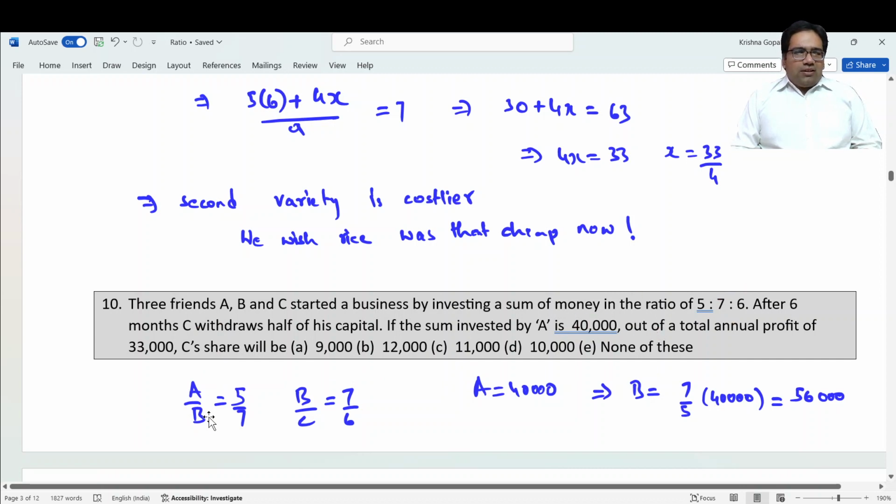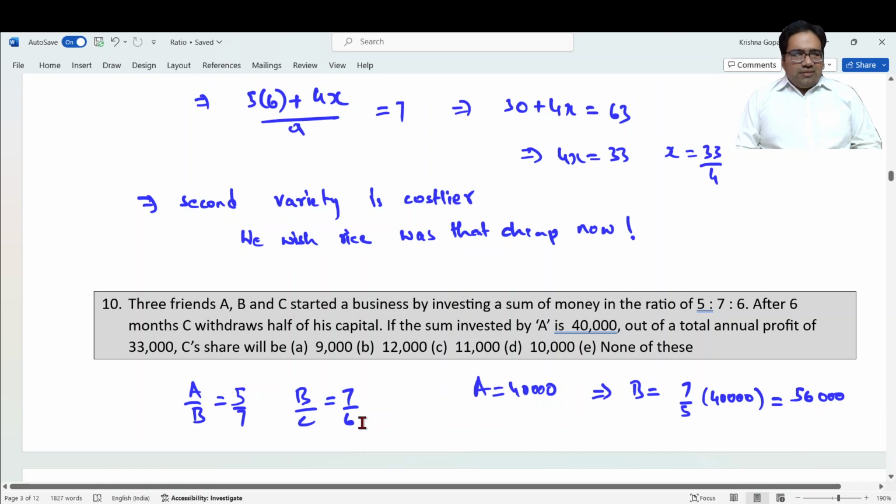Like we had done earlier, A by B equals 5 by 7, and B by C equals 7 by 6. A's investment is 40,000. What does that mean for B's investment? B is equal to 7 by 5 into A, which is 7 by 5 into 40,000, which is 56,000.